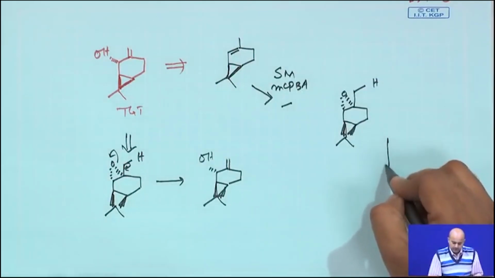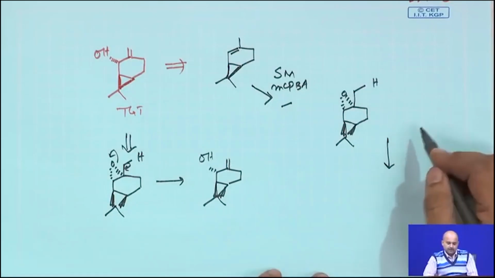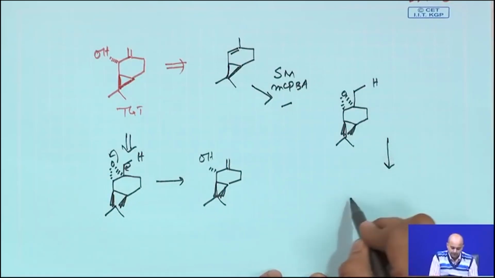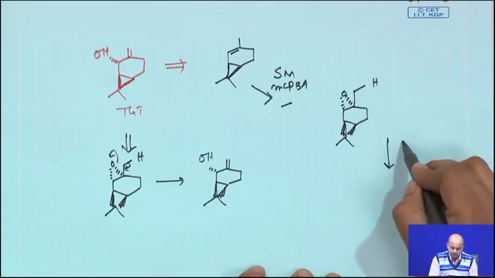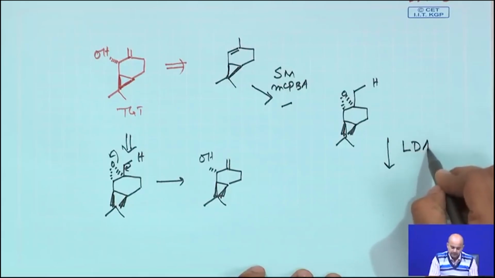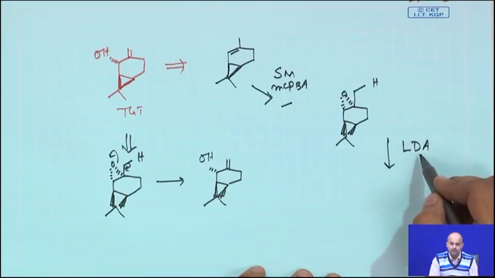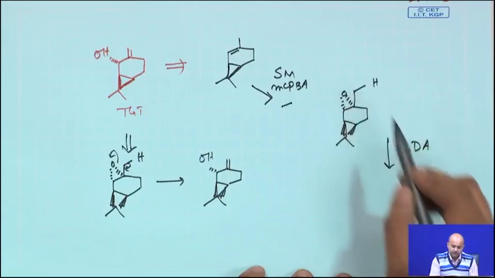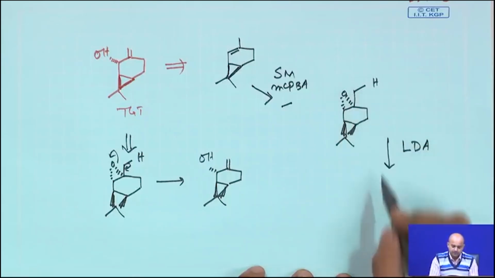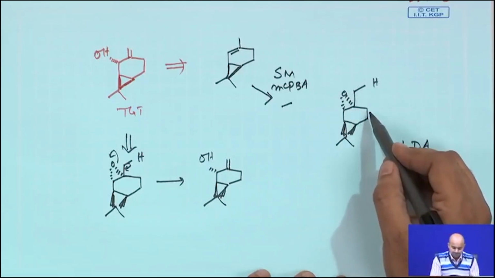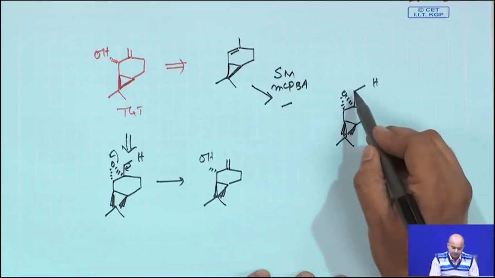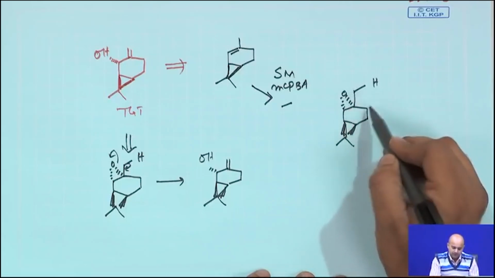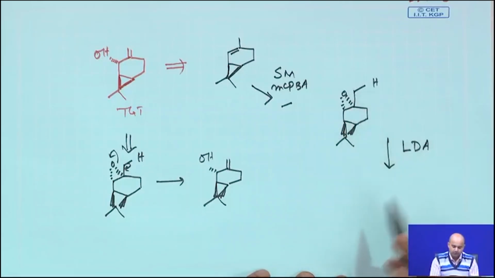Now, if you treat this compound with a base like LDA, lithium diisopropylamide, is it possible that this base will abstract this hydrogen? It is possible actually, it can abstract hydrogen from here, and it can abstract hydrogen from here also.